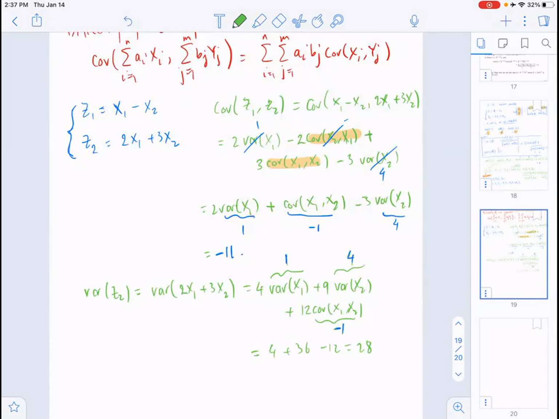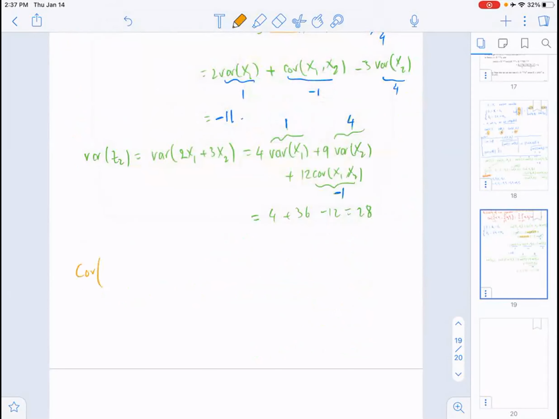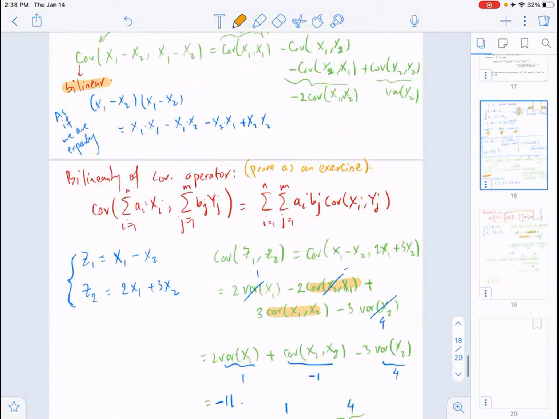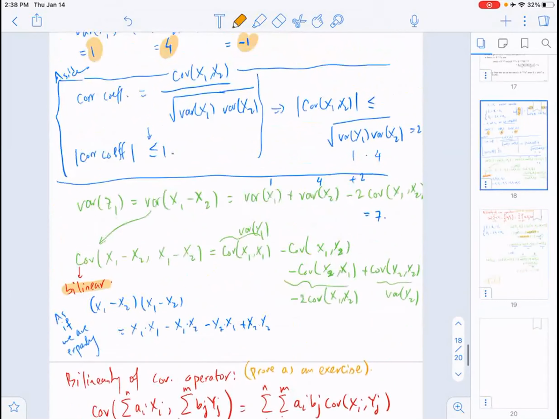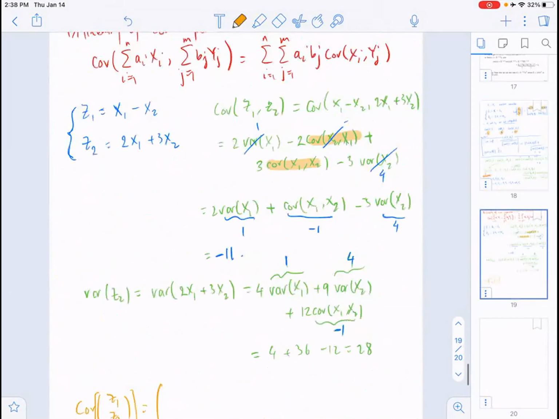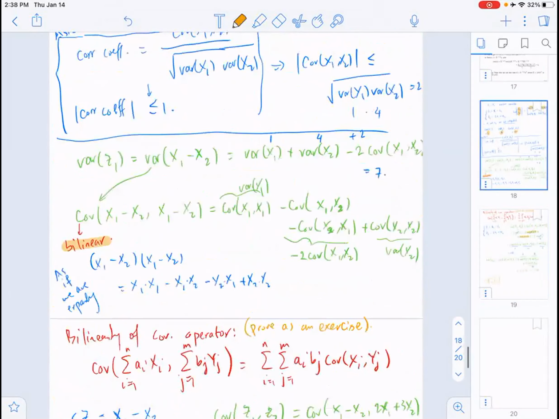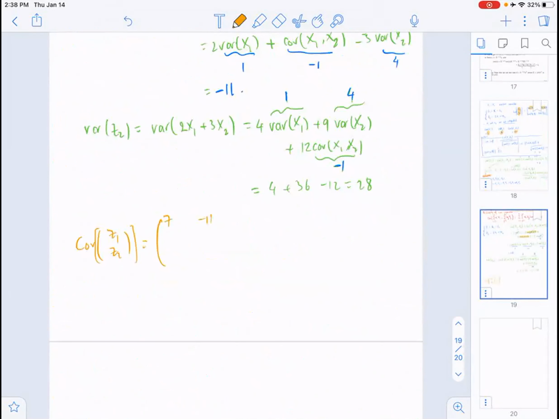Okay, so we've done the thing that we started to do. So covariance of Z1, Z2 is, okay, where did we compute this? So 7, negative 11, 28. Okay.